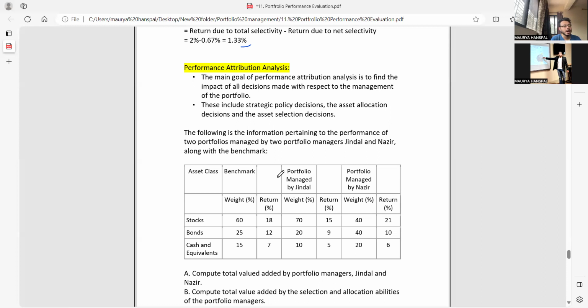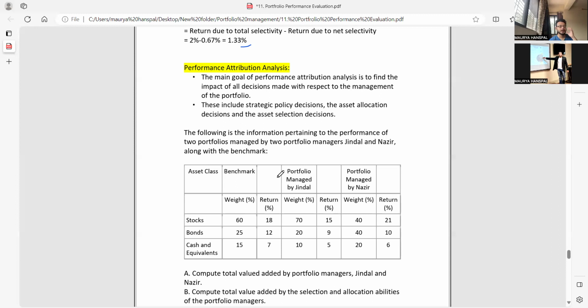After that, you have the interaction effect, which is the cumulative effect of the asset allocation and the security selection. Ideally, in most scenarios, people say that the summation of the asset allocation and security selection is your interaction effect. But in real life, it might not happen. There might be some other strategic decisions which the portfolio manager has taken.